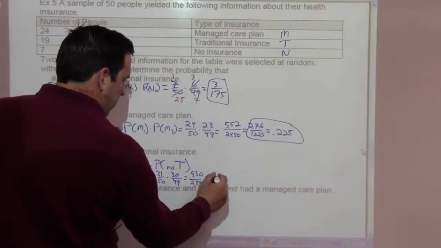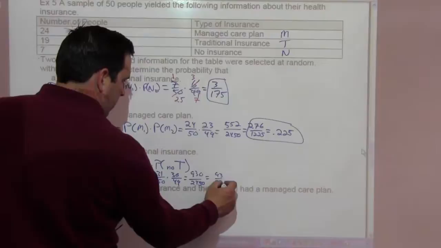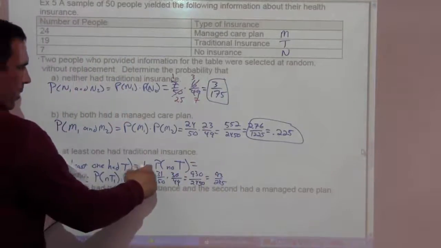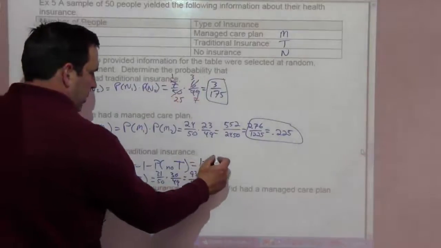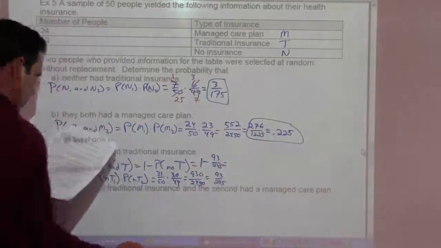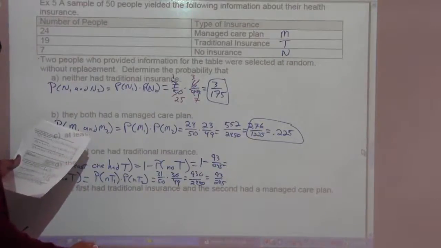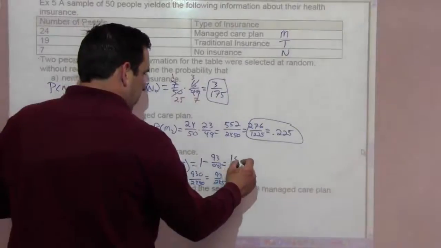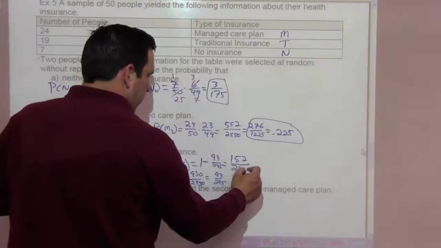Make this a little bit smaller. Now, back to the previous one, 1 minus the probability of no traditional is 1 minus 93 over 245, and that is going to be 152 over 245.